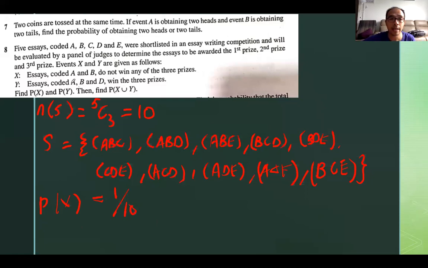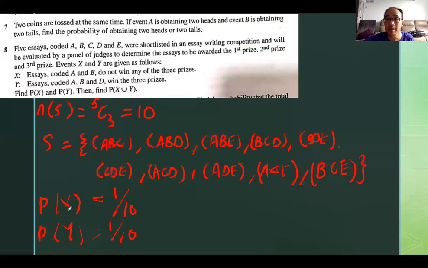Why? Essays coded A, B, and D win the 3 prizes. This is even less of a no-brainer. Which one is it? This one. This is the only situation where A, B, and D win. So the probability of Y is also 1 over 10. Okay, so find the probability of X or Y. Question, are X and Y mutually exclusive?